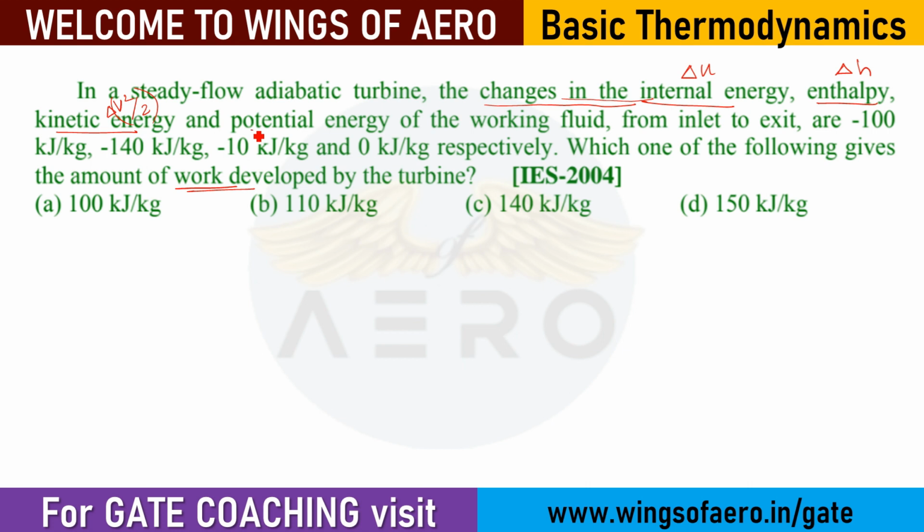Then the potential energy, that means del Z. So you can understand that it will be a question from the first law. Whenever there is a function of U, H, kinetic energy and potential energy, it has to be an application of the first law.